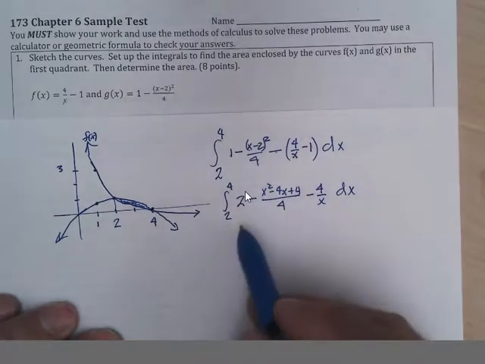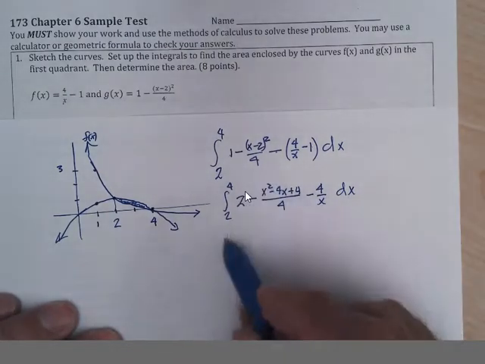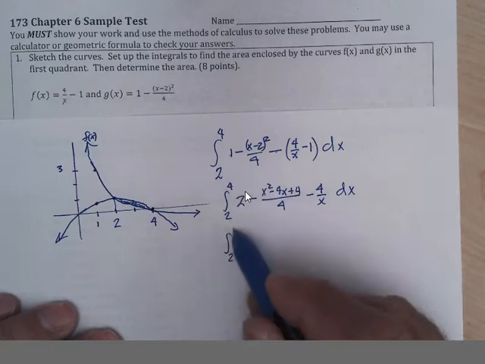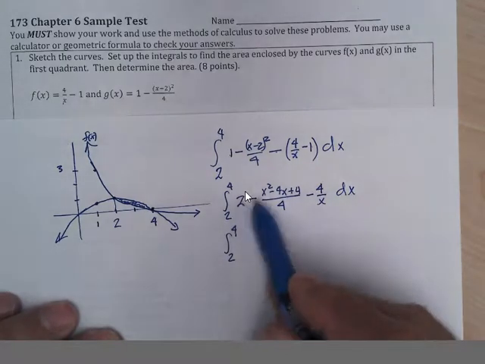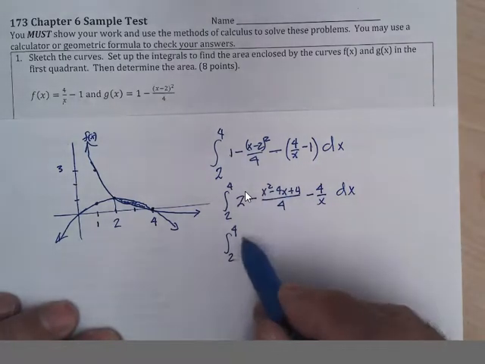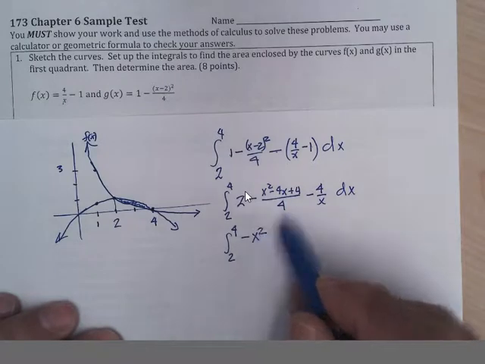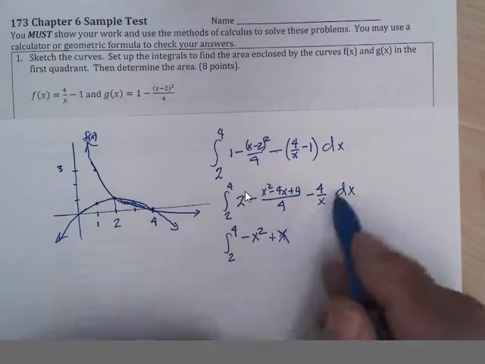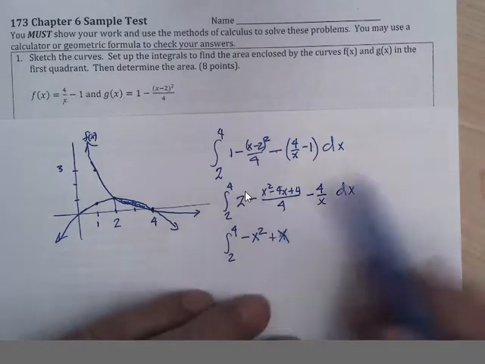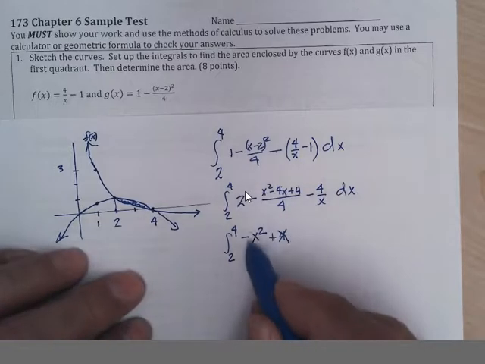And so I have the integral from 2 to 4 of, I have a minus x squared, I have a plus 4x over 4, which is just x, and then I have, oh, this x squared is over 4 too, so it's minus 1/4 x squared.